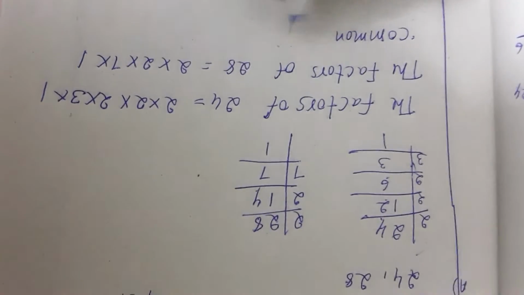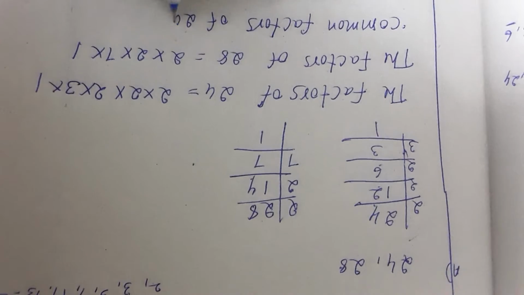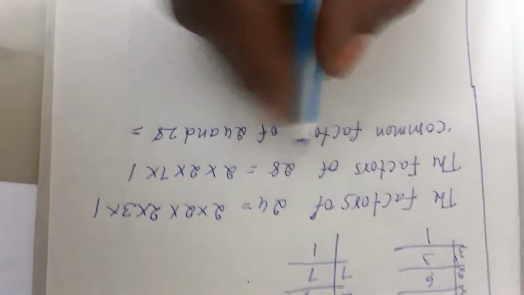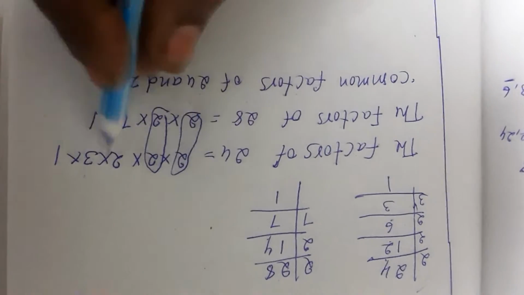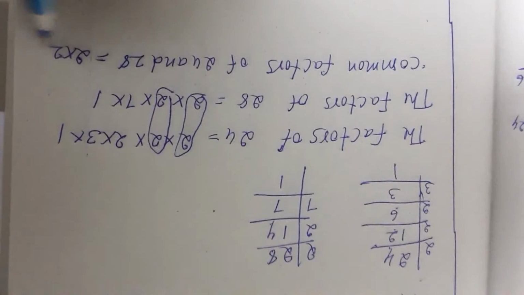Common factors of 24 and 28 equal 2, 2, 1. We won't take 1. So 2 into 2.